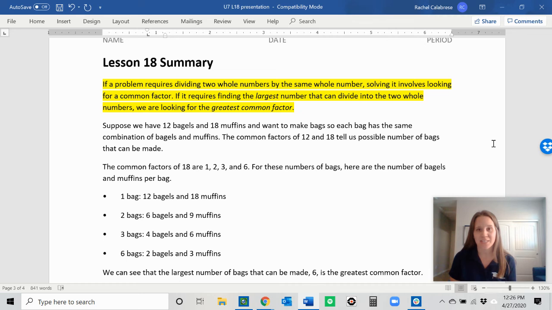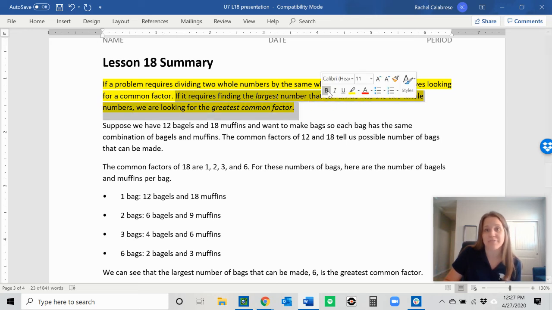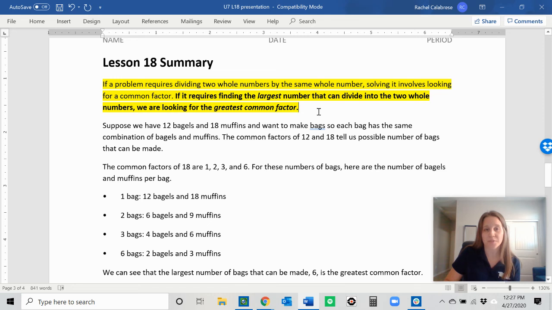Okay, pause here if you need more time. The part I highlighted is the most important part, and I want to highlight just this sentence. If a problem requires finding the largest number that can divide into the two whole numbers, we're looking for the greatest common factor. That's like the performance, where we're splitting elementary schoolers and middle schoolers into groups.